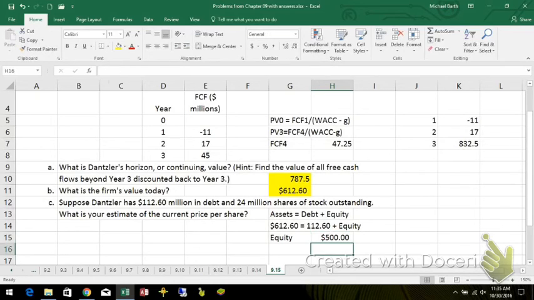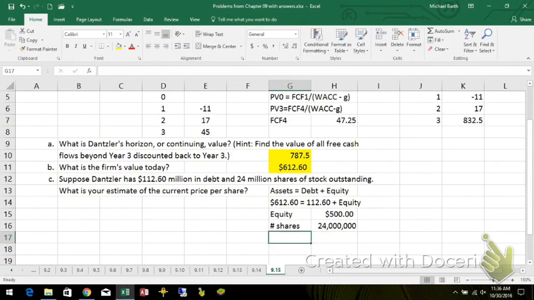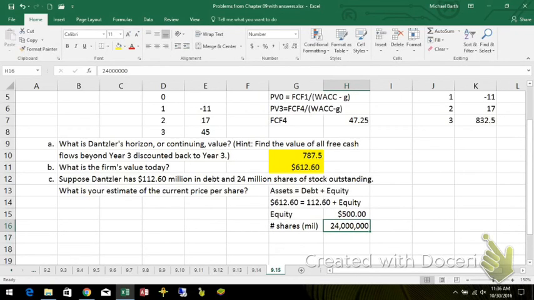The current share price, if there are 24 million shares, and I'm going to put this as shares in millions, and that way I don't have to do any more complicated arithmetic.